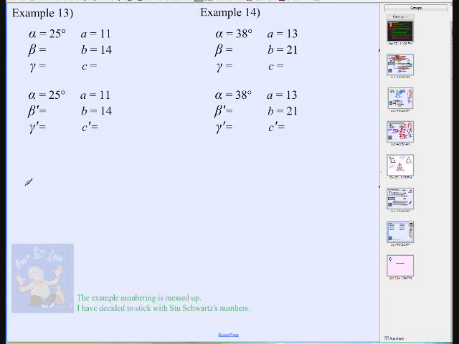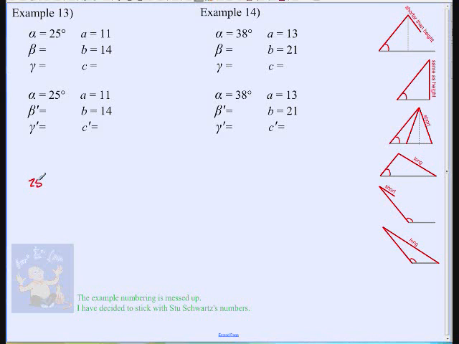Let's start with this one. We have an alpha of 25 degrees, an adjacent side of 14, and an A of 11, and it's either going like this or this.